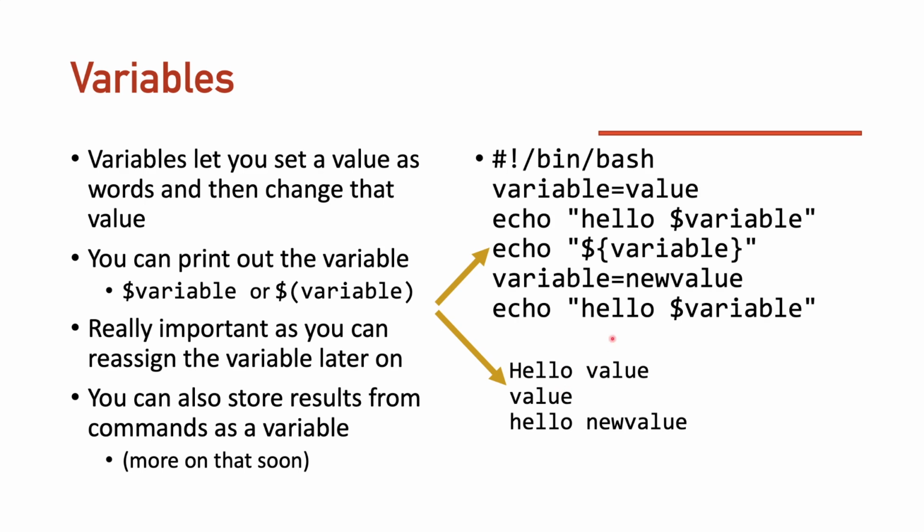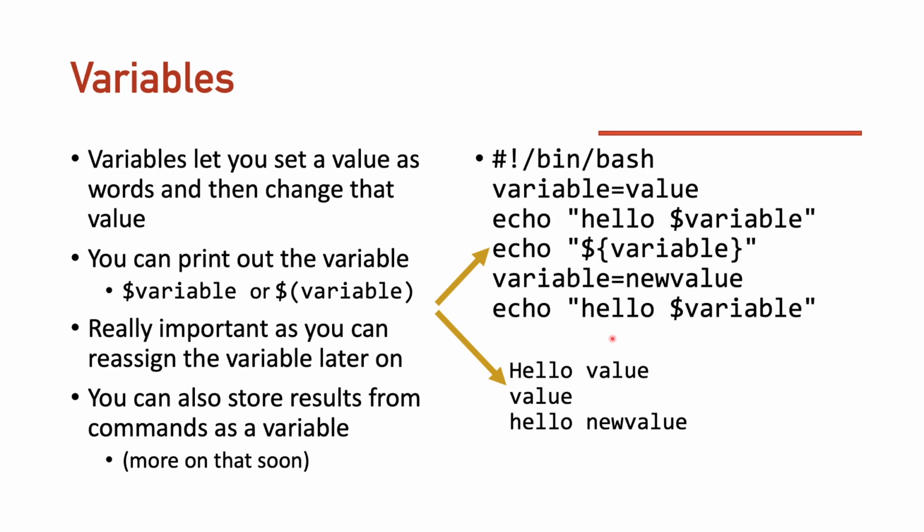The idea here is that we can reassign the variable and give it a different value later on. Or if we're doing something more complex, maybe we're loading in another file which has a bunch of lines with, say, our domains on it, all of our targets.